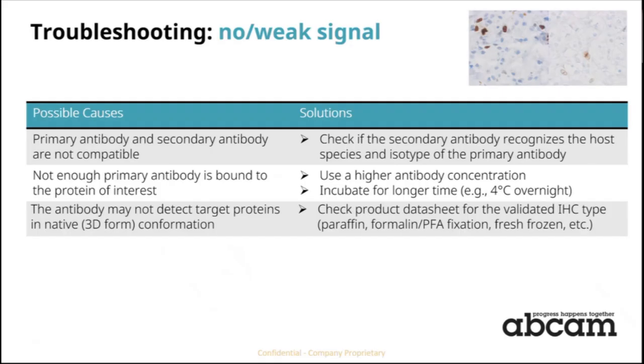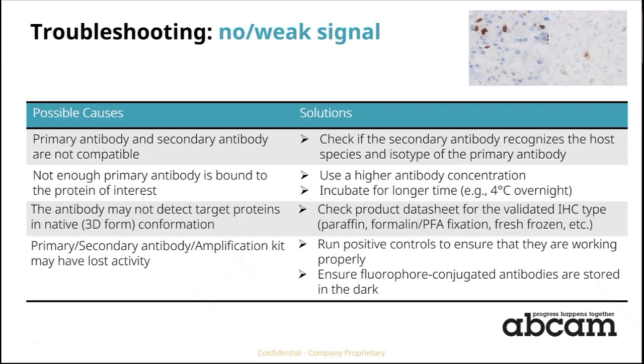You may also want to check the antibody product data sheet to make sure that it is suitable for the specific type of samples that you are working with. Some antibodies may not detect the target protein in its native 3D conformation, so if you are using IHC, this antibody might not be suitable. So always ensure that the antibody that you are using is validated for the application of interest.